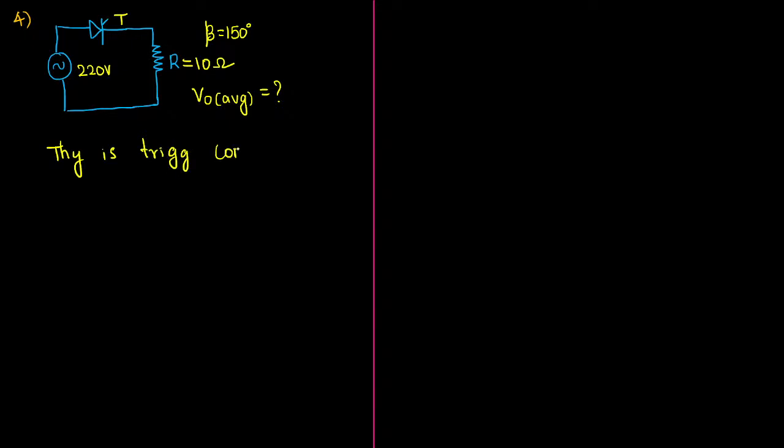What is the meaning of this? Constant DC signal. The thyristor is triggered by a continuous constant signal, right? That is what they told.